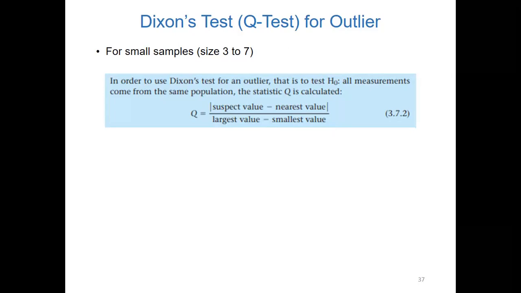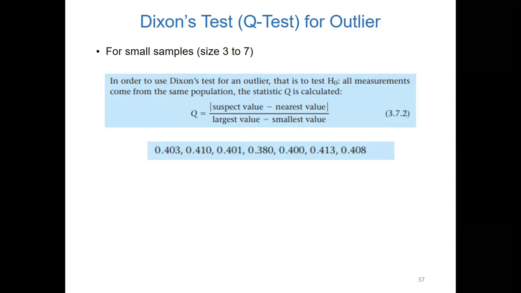So that is the equation we use to calculate the Q statistic. Again, same data set; earlier we used this 7 data set. And again, let's do the Q test and see whether this number is an outlier or not.